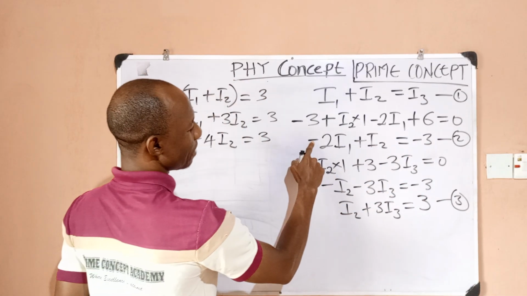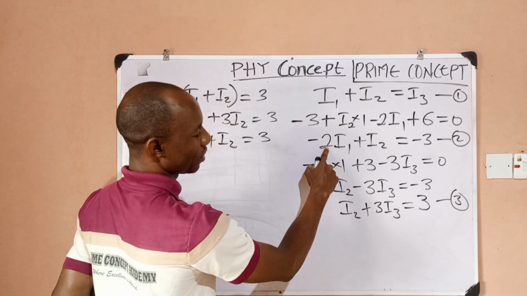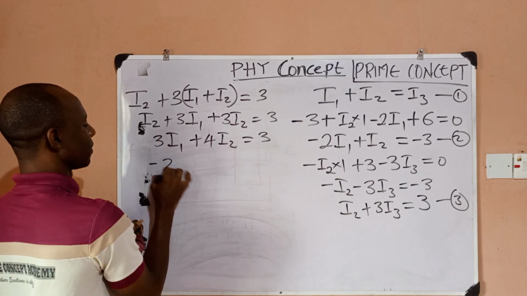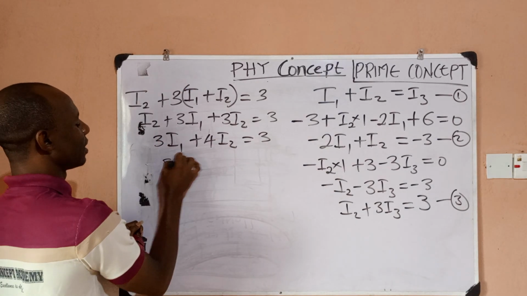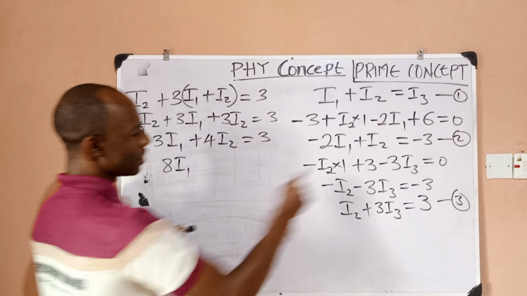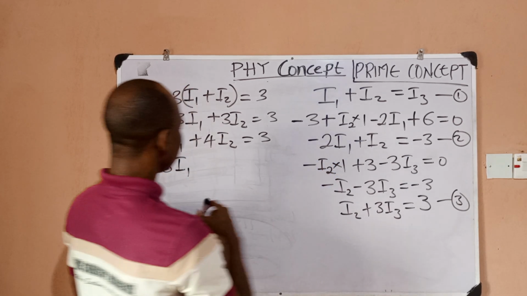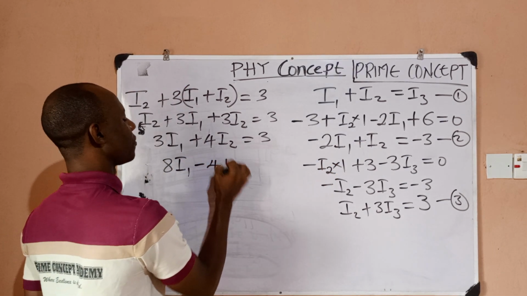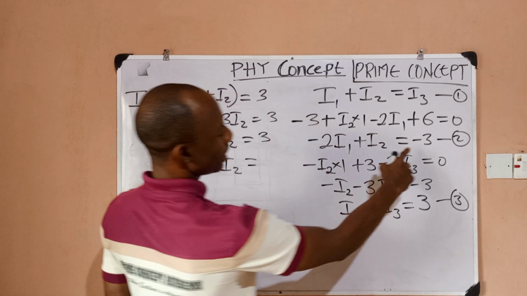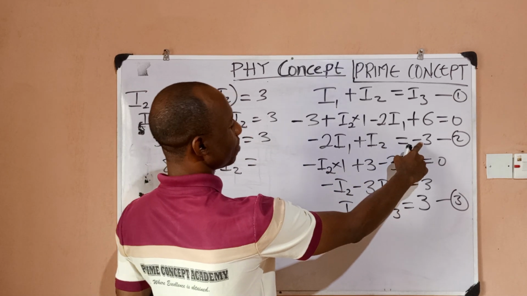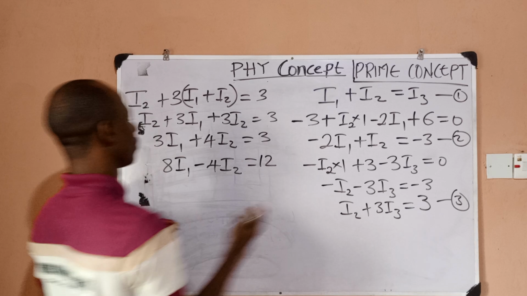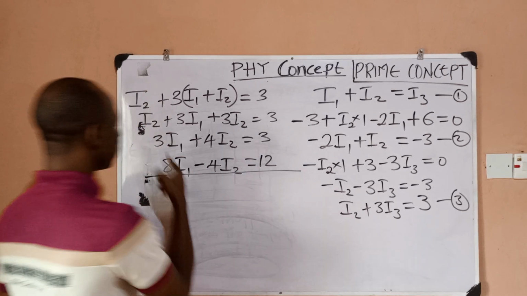So if I say minus 4 times this, what will it give us? It's going to give us 8I1, sorry. If I say minus 4 times this, it's going to give me minus 4I2. If I say minus 4 times this, it is going to give me plus 12. So I'm going to add up these two equations.